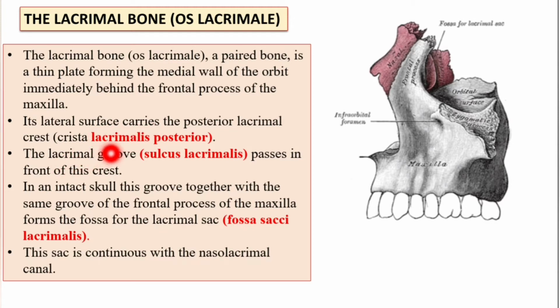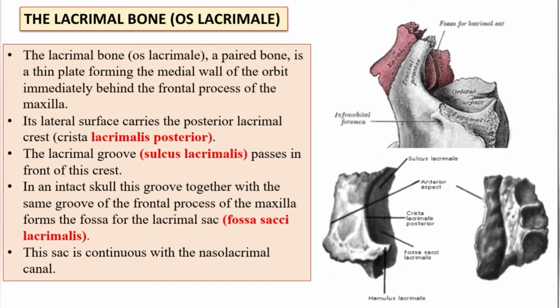The lacrimal groove, sulcus lacrimalis, passes in front of this crest. In an intact skull, together with the same groove of the frontal process of the maxilla, they form the fossa for the lacrimal sac, fossa sacci lacrimalis. And this sac is continuous with the nasolacrimal canal.